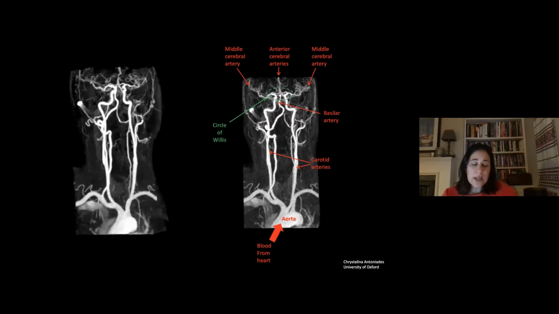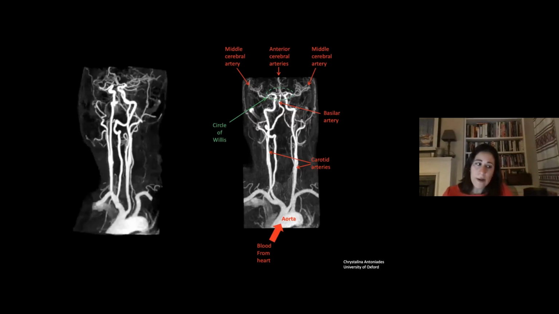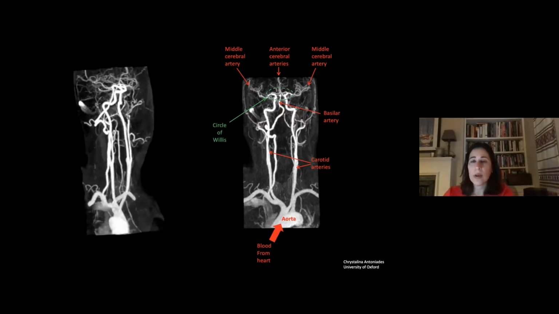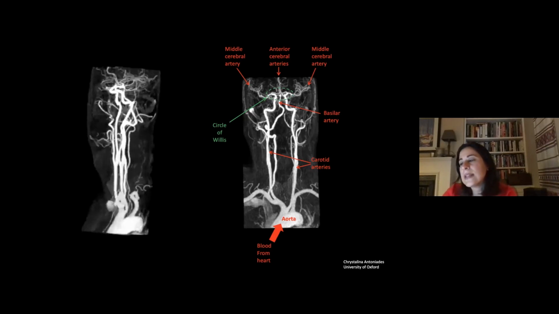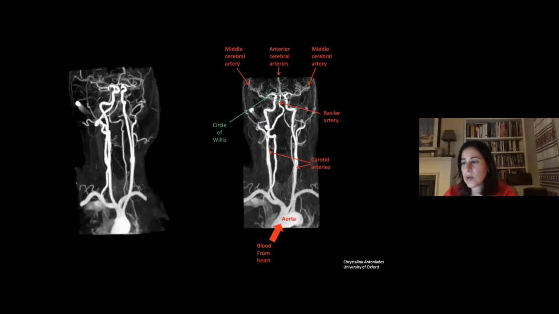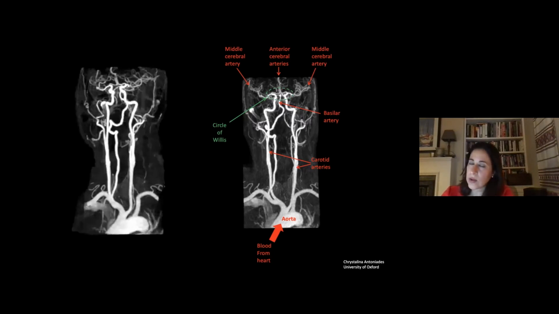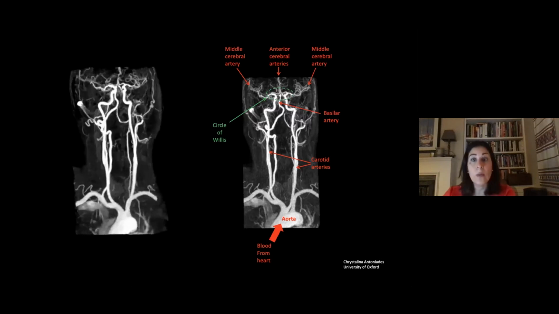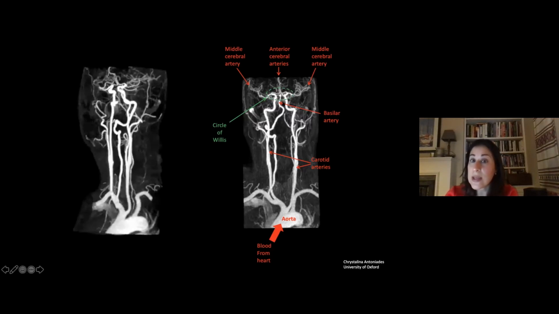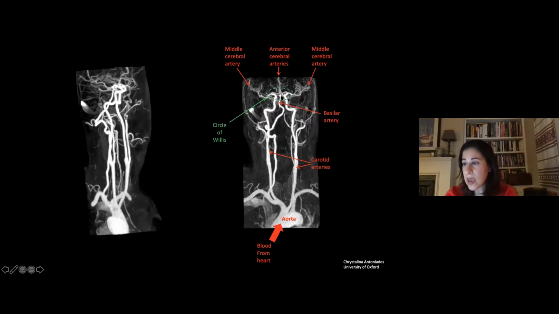And it's interesting, and a lot of people usually ask us about this when we talk about the circle of Willis. Although a complete circle of Willis is present in many individuals that we see, anatomical variations tend to be really common, and the ring is frequently incomplete, what we actually see in this particular angiogram here.